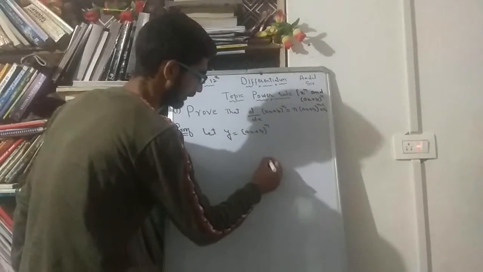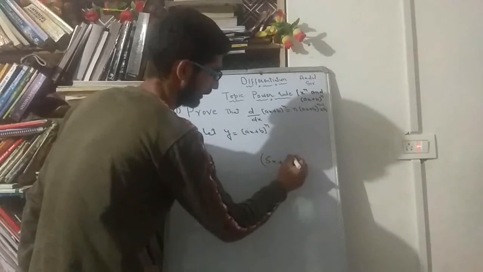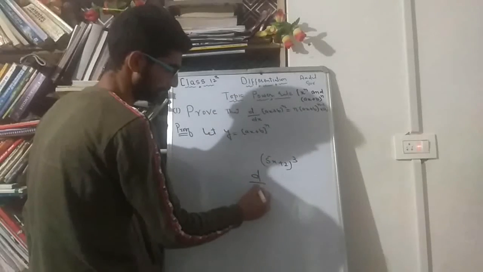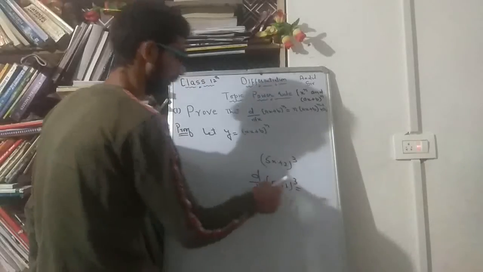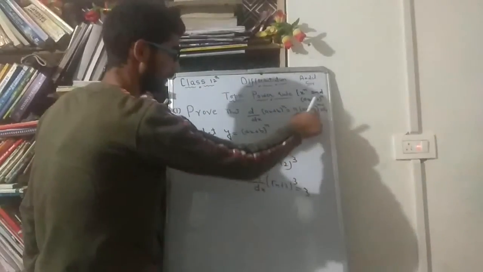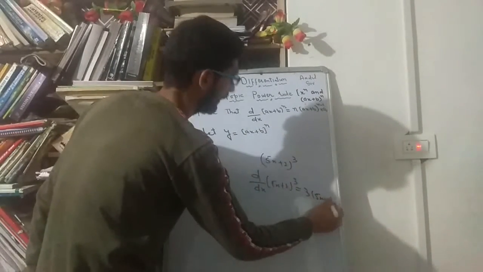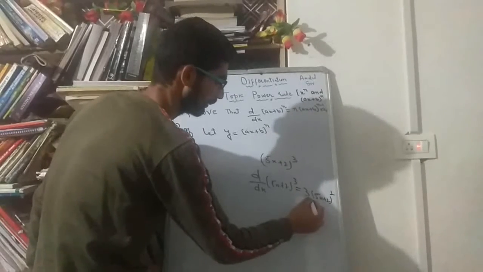If we have a function that is (5x plus 2) raised to the power 3, and we have to find its derivative, its derivative with the help of this formula is n, that is 3, (ax plus b), that is 5x plus 2, to the power n minus 1, that is 3 minus 1, that is 2, and then a. What is a here? That is 5.